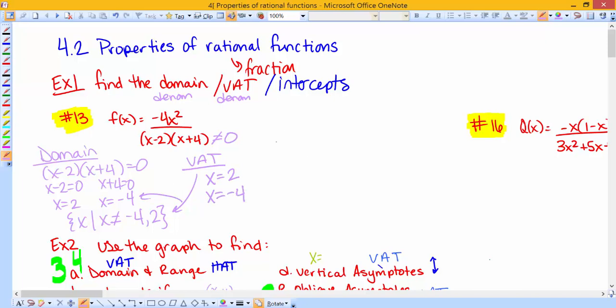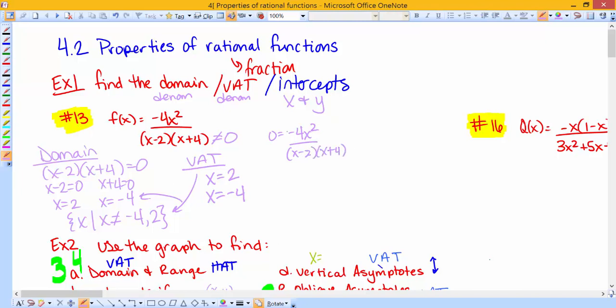And then your intercepts. I don't want to spend a lot of time on these intercepts because we should be able to find an x-intercept and a y-intercept. So the x-intercept happens when you make y equal to 0. So if I make y equal to 0, I have negative 4x squared over x minus 2, x plus 4.